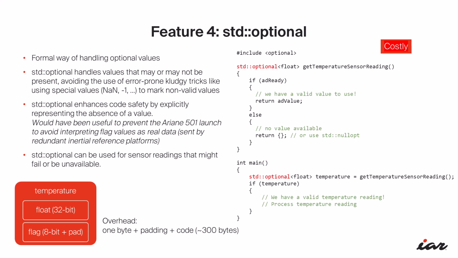This is not that expensive, of course, but there is also some code overhead. And in this example to the right, the code increases about 300 bytes, which may or may not be an issue depending on your application.